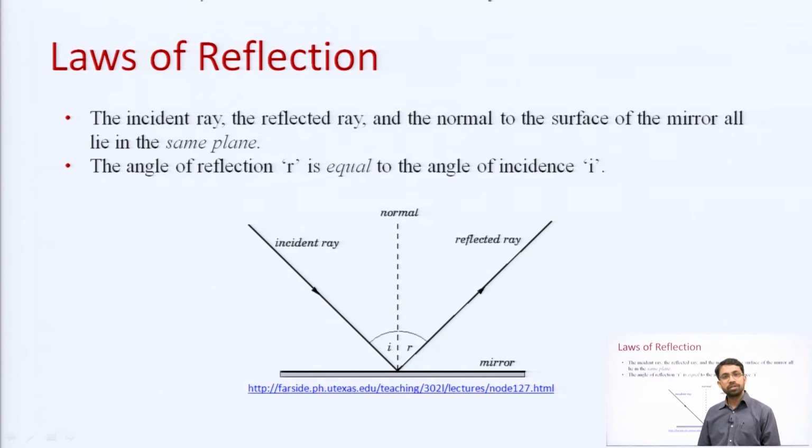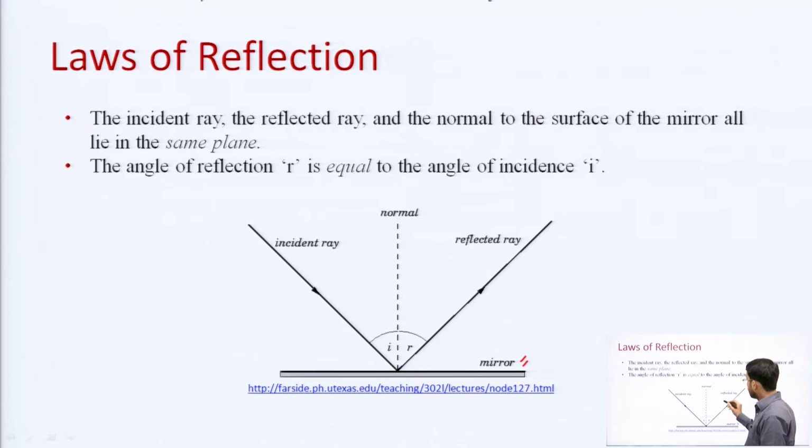We also studied two laws of reflection. What were those? The first law is that the incident ray, the reflected ray and the normal to the surface of the mirror all lie in the same plane. The ray that is incident on this smooth surface, maybe a mirror or some other smooth surface, is reflected, and this is the normal.